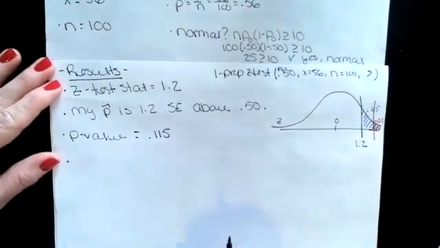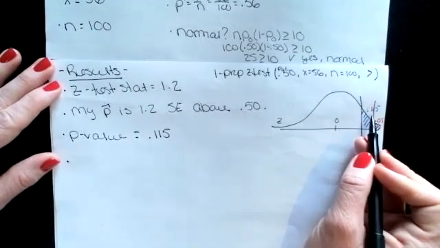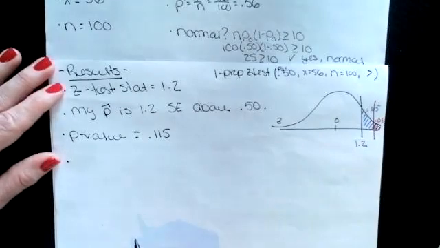So the p-value, I always want to state what the center is because that's how we based this calculation, right? On the center being the 0.5.